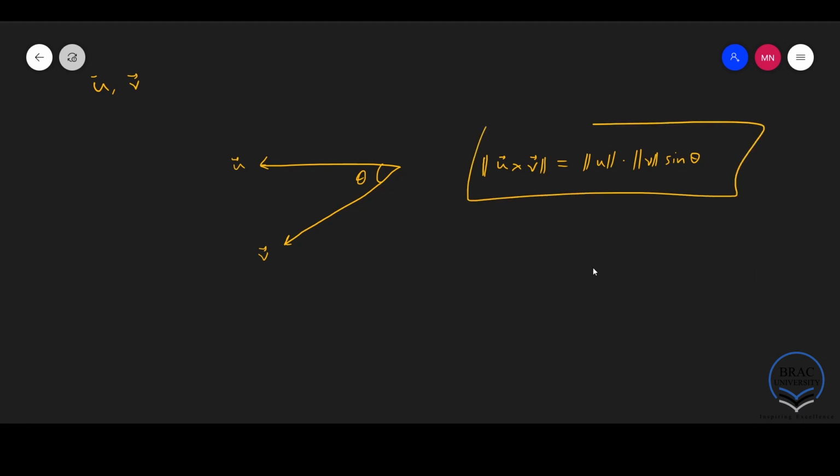This gives us the length of the vector u cross v, which will be in this direction.